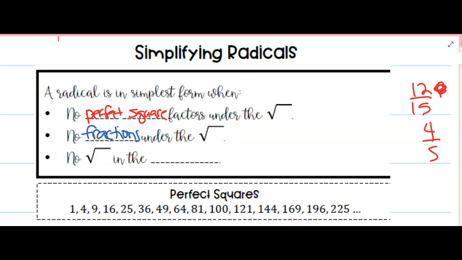And third, there can be no radicals in the denominator. So first, no perfect square factors under the radical sign. Second, no fractions under the radical. And third, no radicals in the denominator. Out of these 3 rules, we are just going to talk about the first one today. We will cover the other 2 on Wednesday.